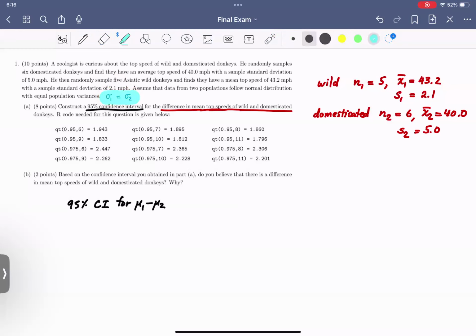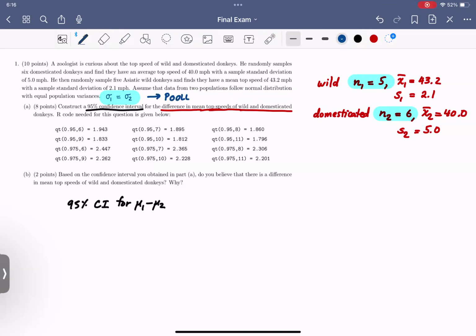It means that when you work with small sample size, and of course the population are normal as well, small sample size and sigma equal to each other, in this case it's going to go to the pooled t-test.